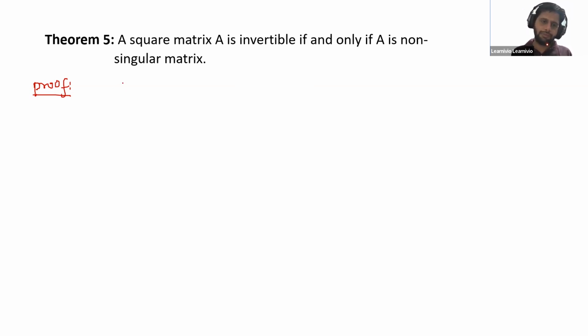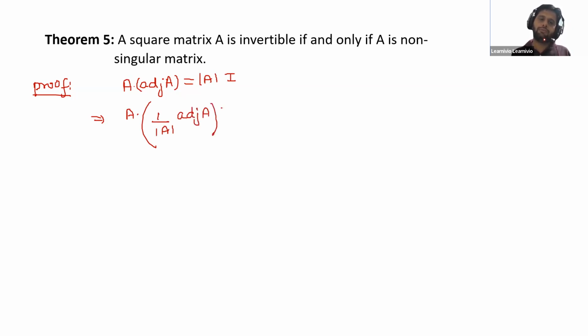Okay, we will do the proof of this. A into adjoint of A, this we have already discussed, is equal to determinant of A into I. Now shift this determinant to the left side, so we get A into 1 by determinant of A adjoint of A, and this is equal to I. If we check the definition of the inverse, if A is a square matrix, we multiply it with B and we get identity, then we will say that B is the inverse of A. Apply the same concept here.